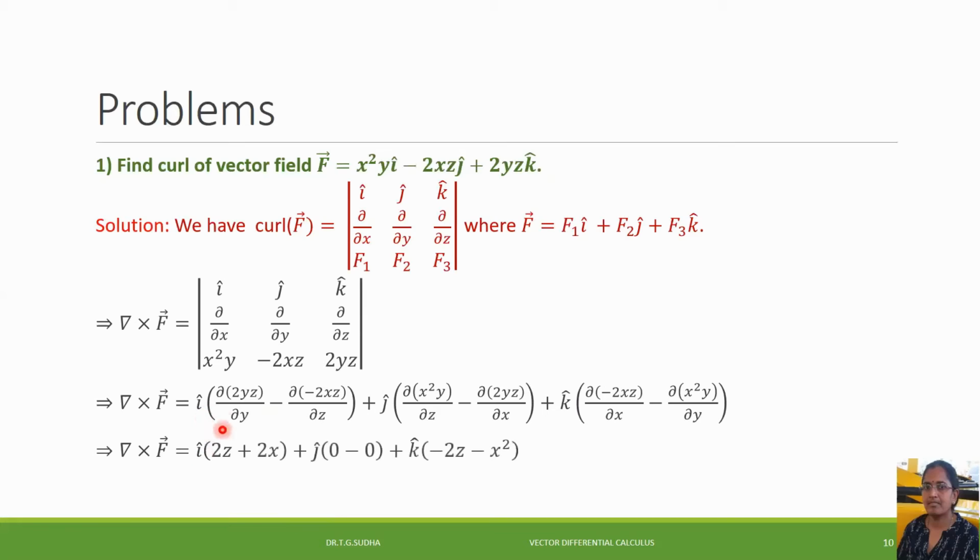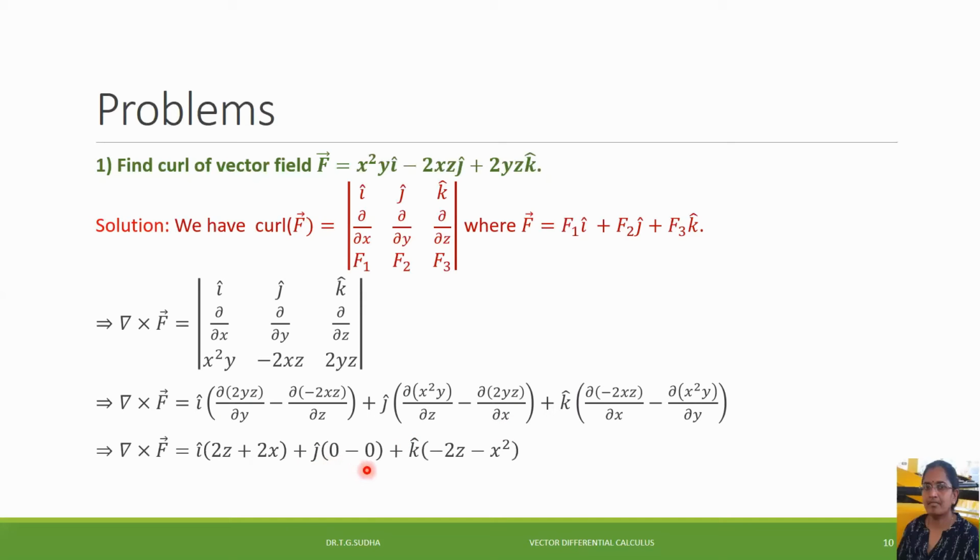So here i into dou by dou y, we are differentiating with respect to y, so we are left with 2z. And here minus into minus is plus, with respect to z we are going to get 2x, so plus 2x. Next plus j into, here there is no z term, it is a constant, so it becomes 0. Here no x term, therefore it is a constant, therefore this partial derivative is also equal to 0.